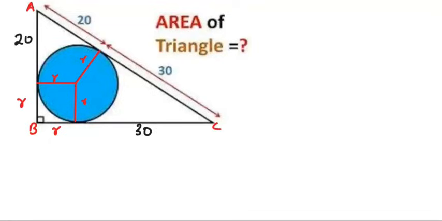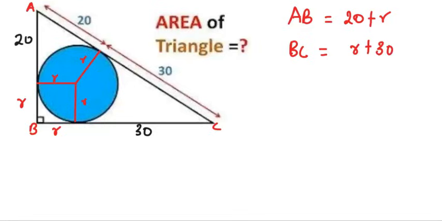So you can see that the length of AB is equal to 20 plus R, right? Then the length of BC is equal to R plus 30, which is same as 30 plus R. And the length of AC is equal to 20 plus 30, which is equal to 50.